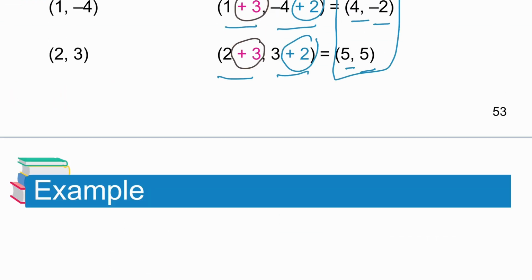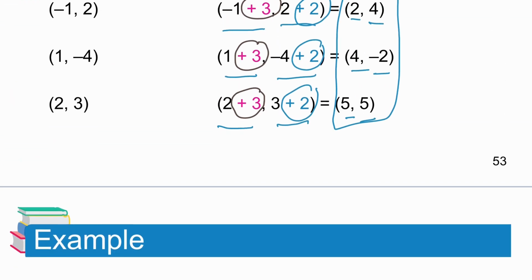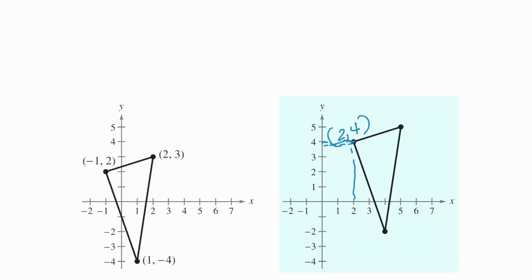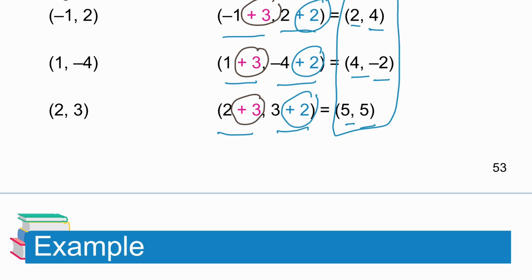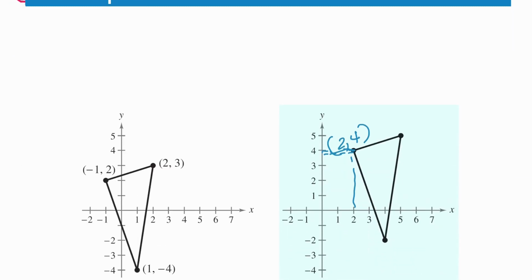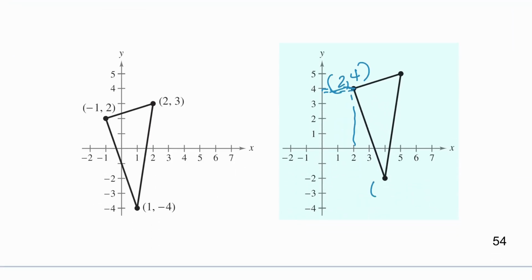And then my (1, -4), the one that's all the way down here at the bottom, becomes (4, -2). So this is +4, which is 4 right here, so that makes sense, and -2. If I were to do dots, that should make sense.